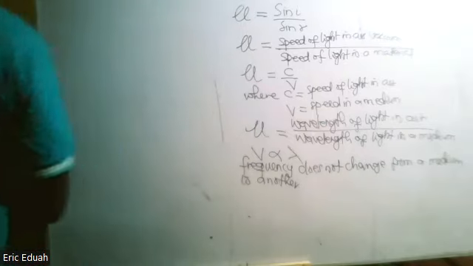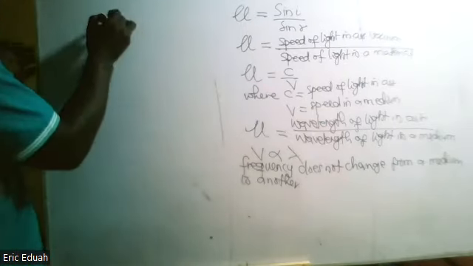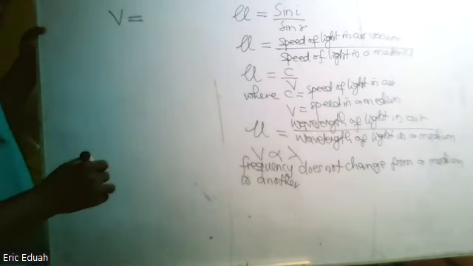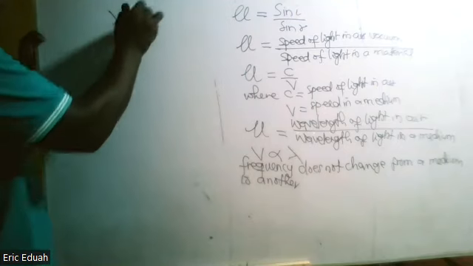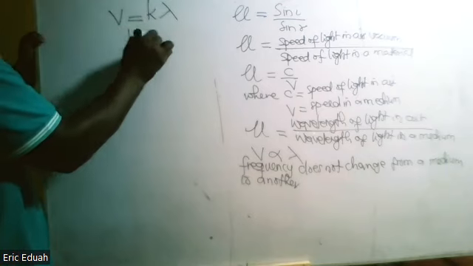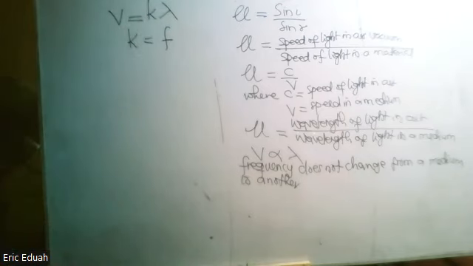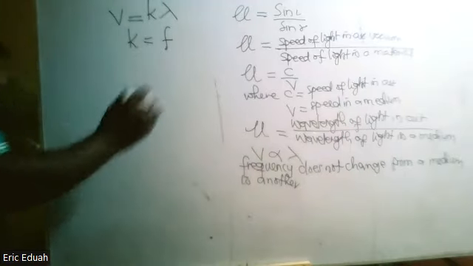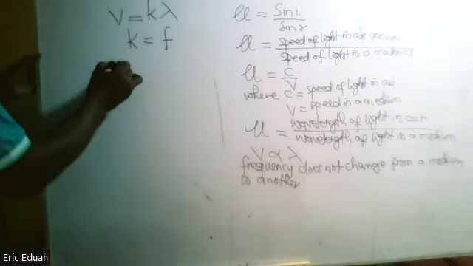So when we introduce an equal sign, what must be there? A constant. And the constant of proportionality K is the frequency. So for one medium into another, this F is the constant, so it doesn't vary.